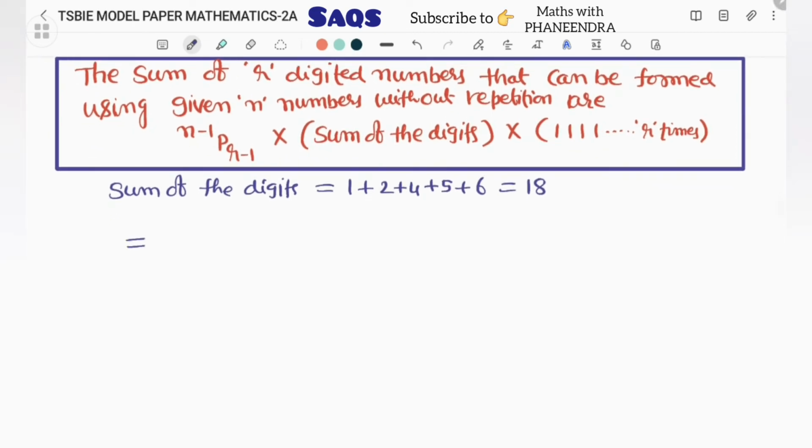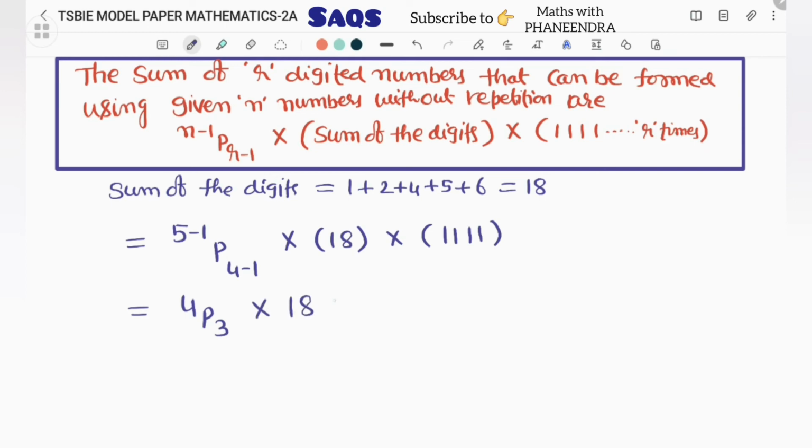Therefore, n value 5, (5 minus 1)P(r minus 1), r value 4, into the sum of the digits, 18, into 1, 1, 1, 1, r is equal to 4. So which is equal to 4P3 into 18 into 1111. 4P3 means 4 into 3 into 2, so the 4P3 value is 24 into 18 into 1111.